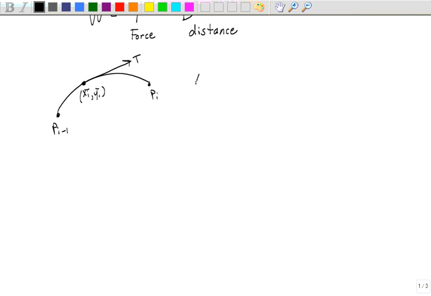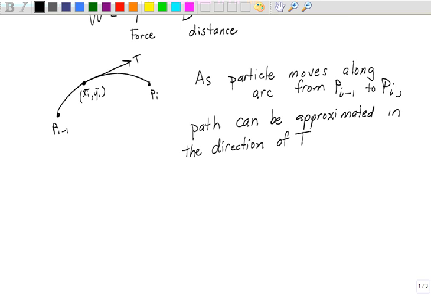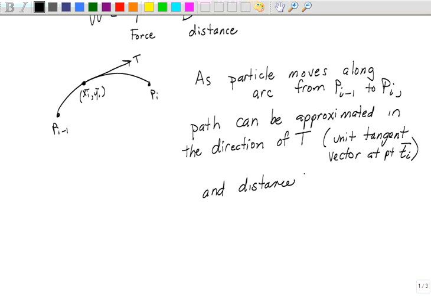So as the particle moves along the arc from the point P i minus 1 to P i, the path can be approximated in the direction of T, which is the unit tangent vector at a point, let's say t i, and its length we said was delta s i.